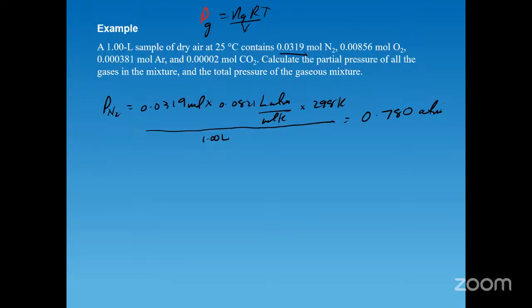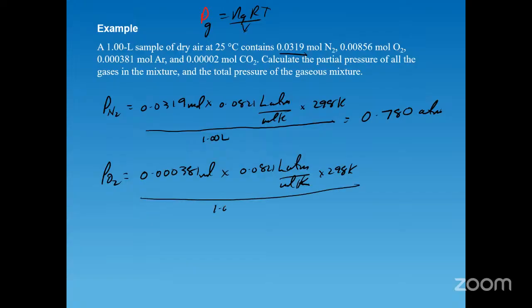And basically we do the same calculation for the other gases. So in the case of oxygen, that would be equal to the moles, which is 0.000381 moles times 0.0821 liters atmospheres over mole Kelvin times the temperature, which is 298 Kelvin, all divided by, again, 1.00 liters.